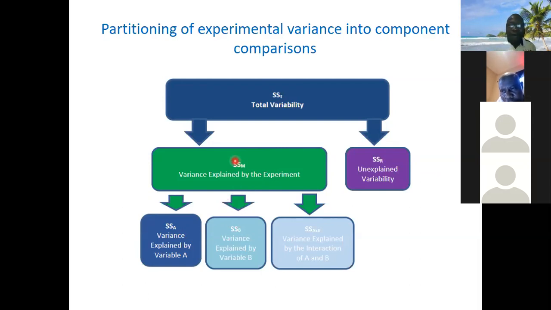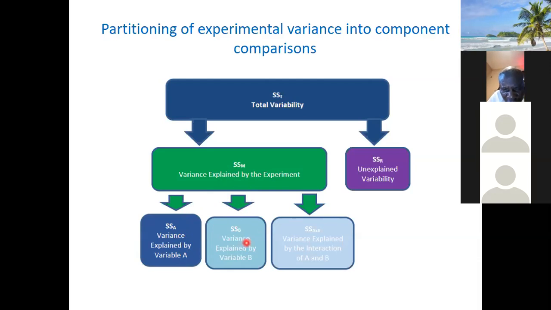But in this case, the sum of square between, which is the model, is made up of contributions from different factors and their interaction. The simplest form, which is two factors, is given here, factor A and B. The sum of square between will be divided into the sum of square explained by variable A, the first variable.